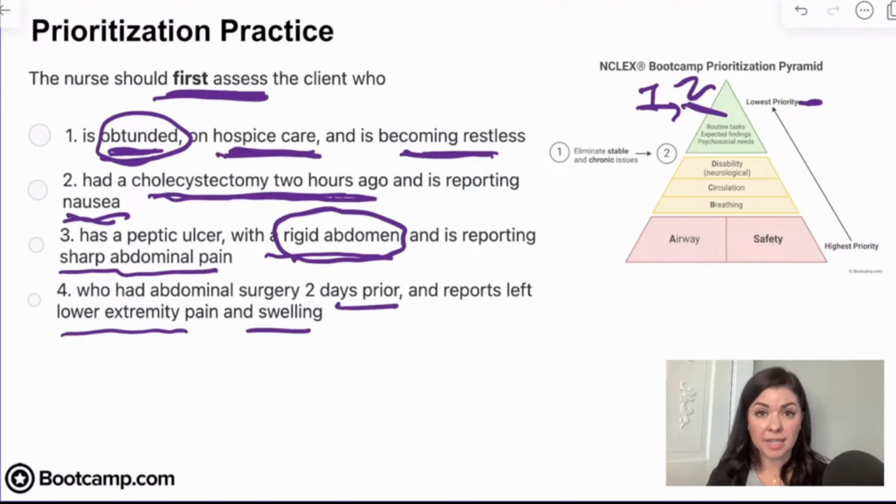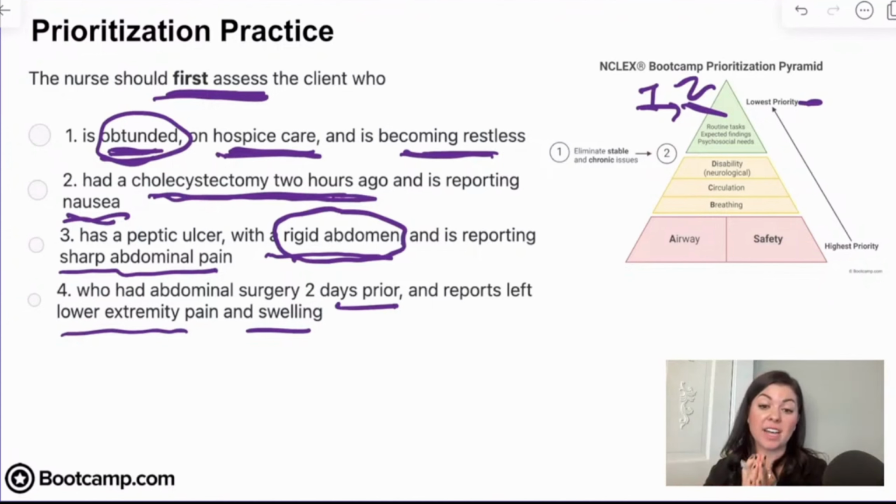So peritonitis, if left untreated, what do we anticipate will happen? What is going to happen if we leave peritonitis untreated? So we see this client with a rigid abdomen and we're like, oh, they're okay, and we leave them. What's going to happen to them? Infection? Yeah, that's what we're concerned about. Remember, peritonitis is when the peritoneal cavity in the abdomen gets inflamed.